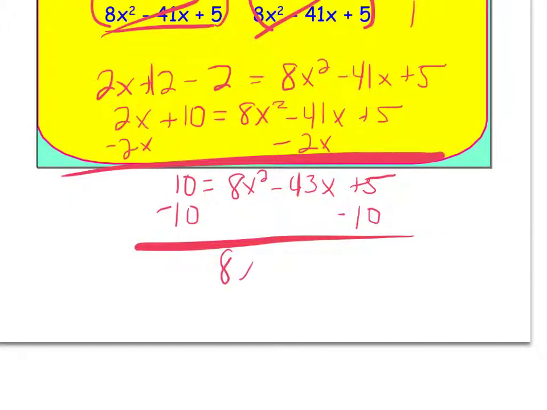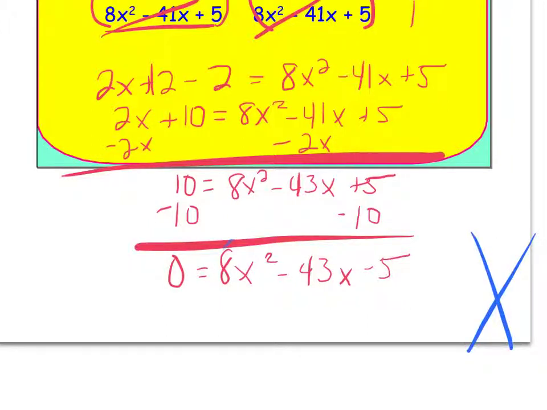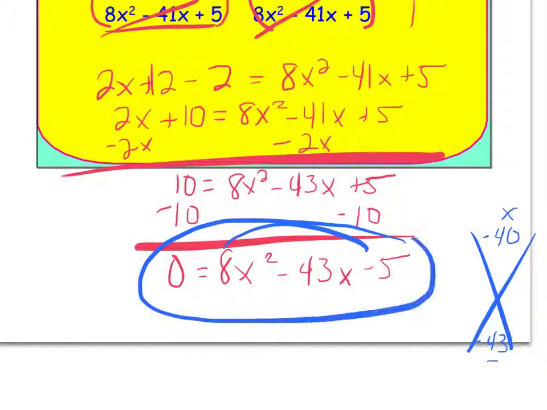And we've got 8x squared minus 43x minus 5. From this point, you want to do the AC method. So you're going to check to see if there are two numbers that multiply to give you negative 40, but add to give you negative 43. If there aren't any, then you can just leave your answer like this.